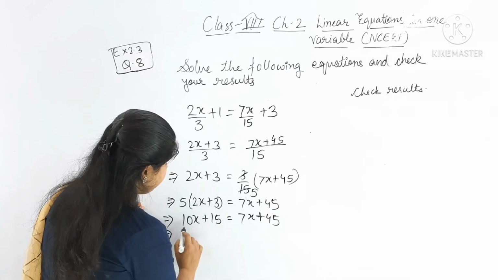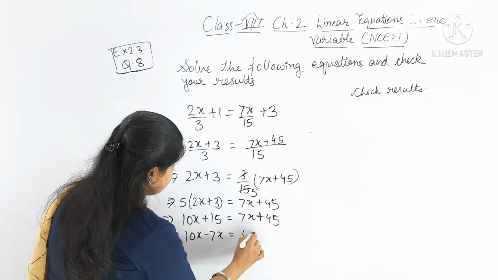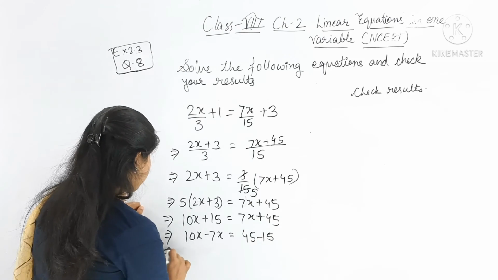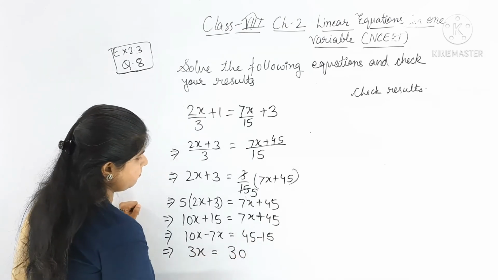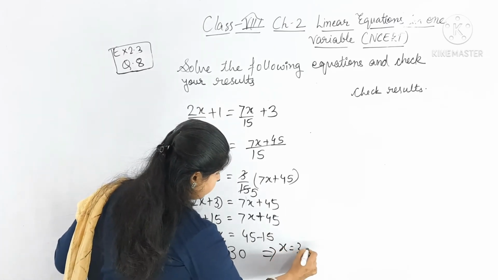So this x will be on this side. x equal to 30. Okay, so what I am getting here, x equal to 30 by 3.